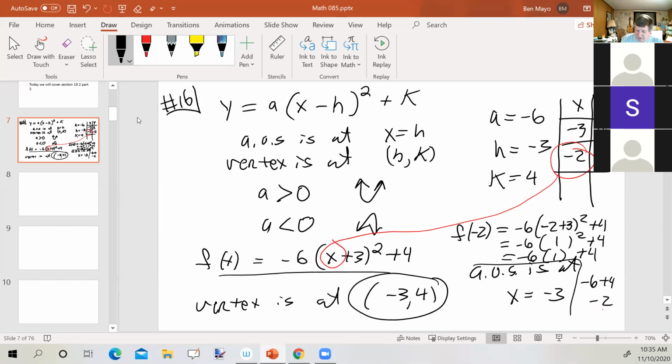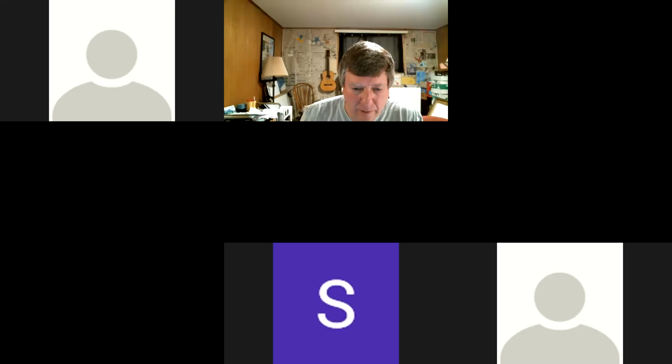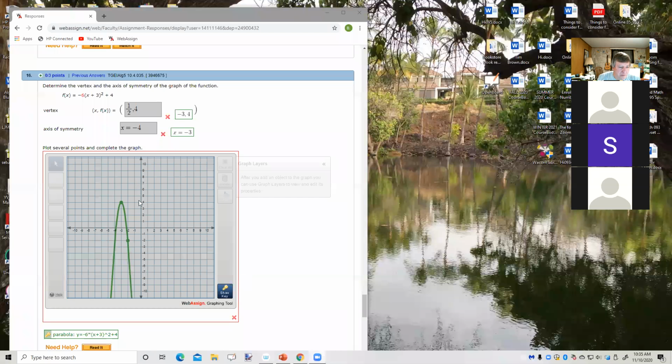So that tells us, going back to our other screen, the WebAssign screen, not only is our vertex at (-3, 4), but we have another point at (-2, -2).